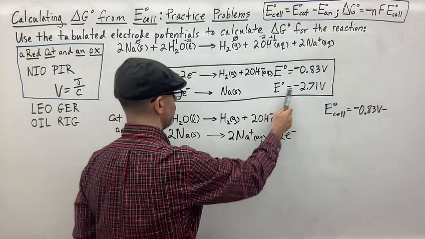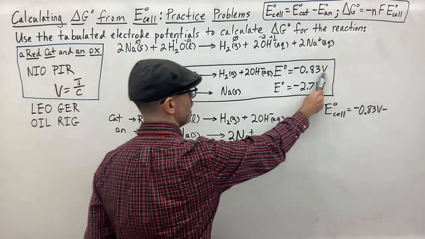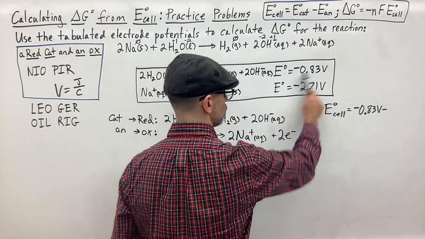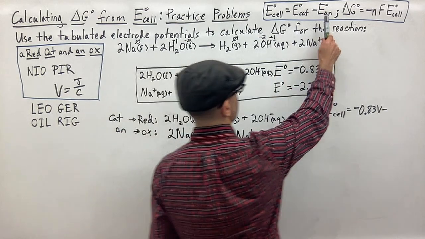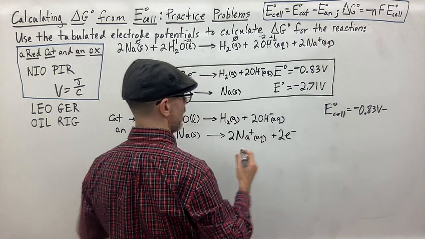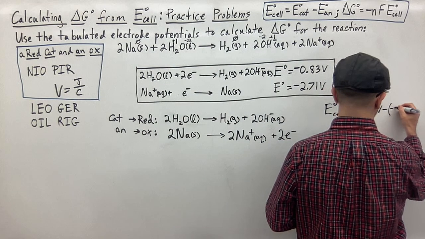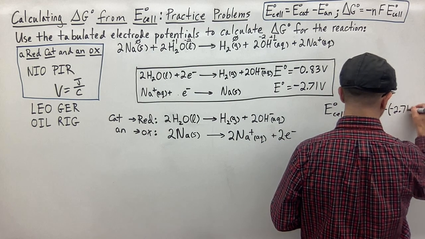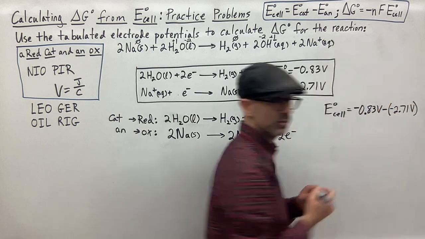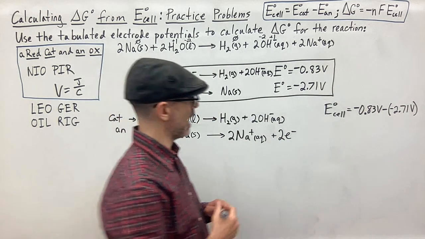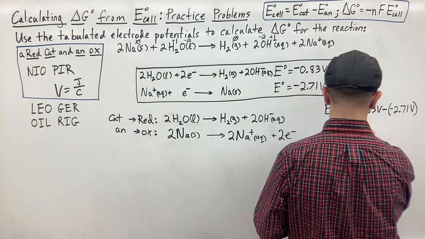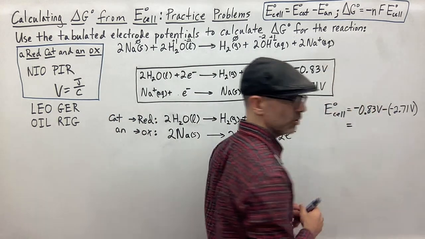and then we'll add the electrode potential here for the anode. And that's going to be a -2.71, so that's -2.71 volts. So now we add those together, and we end up getting, what do we get?